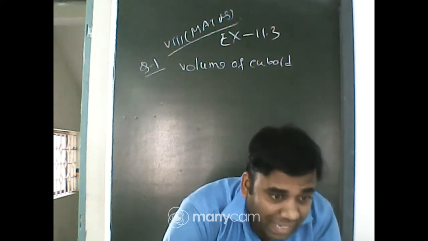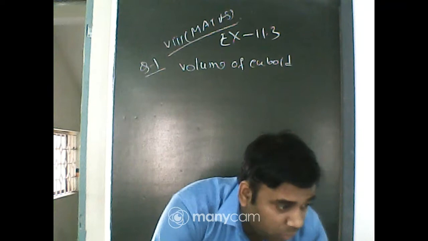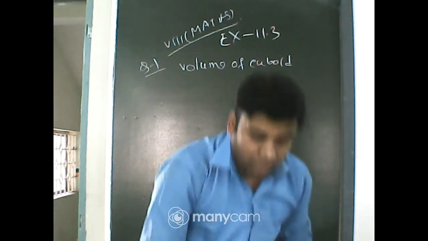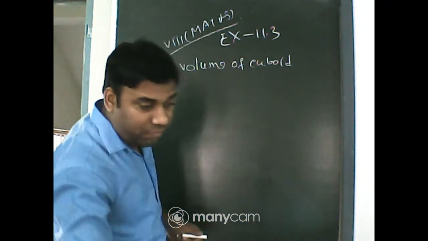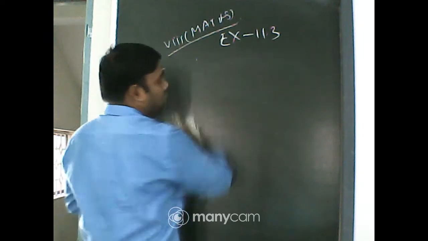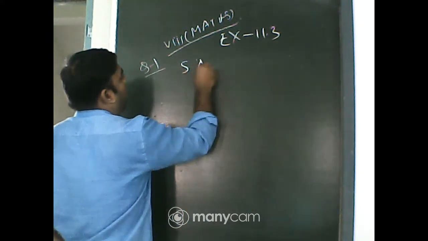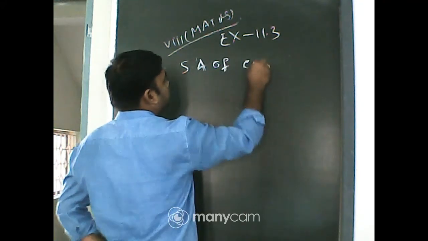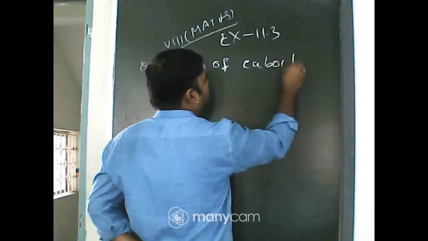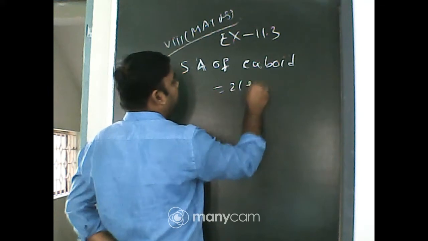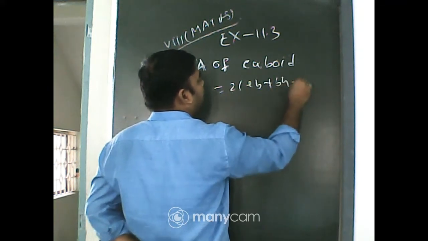This question is from surface area. Which type of material? It means you need to find surface area, not volume. So therefore, surface area of cuboid. What is the formula? You know that it is 2 into (LB plus BH plus HL).